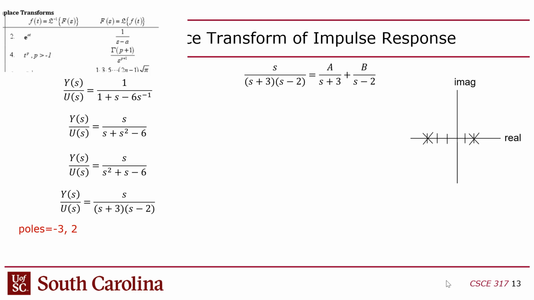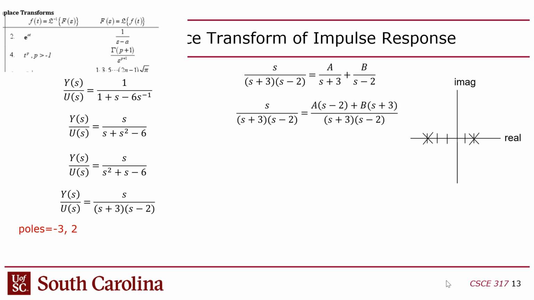Yeah, that's right. But I think that only works if these two factors are unique. I don't think it works if you have s plus 3 and s plus 3. But anyway, they're different.